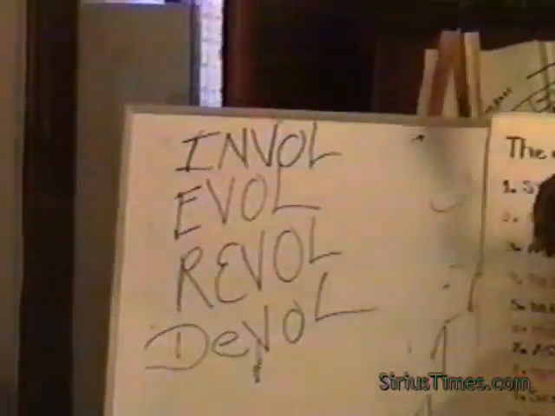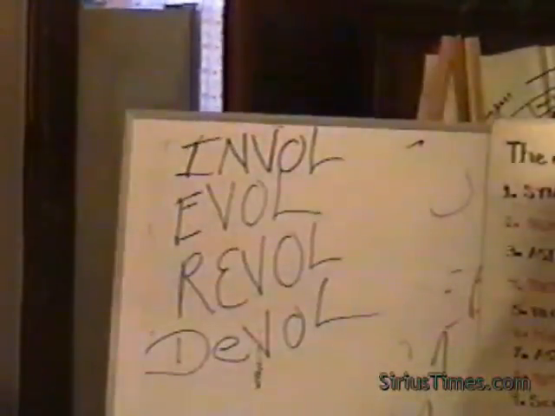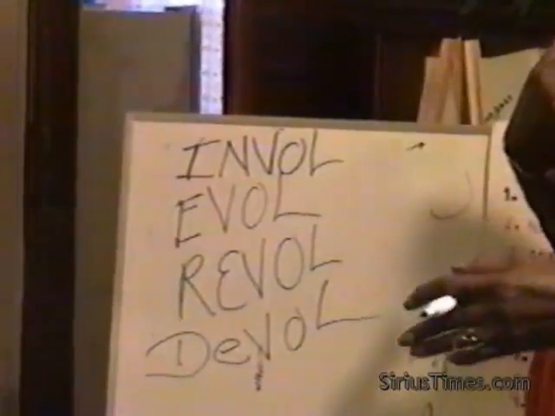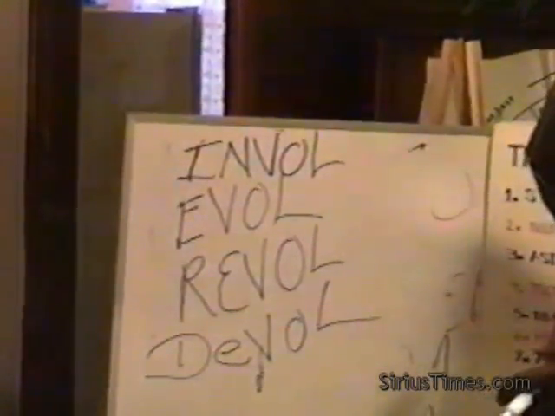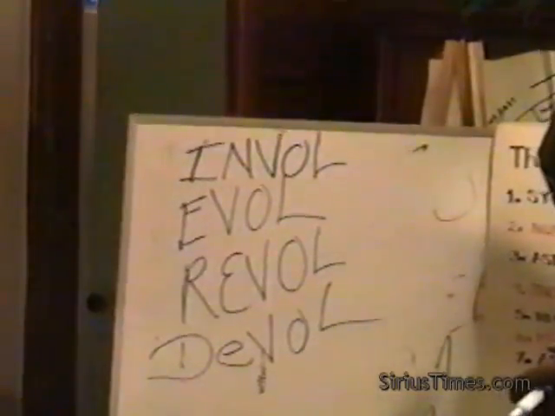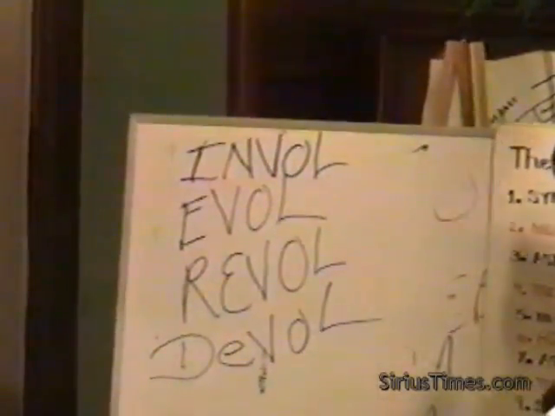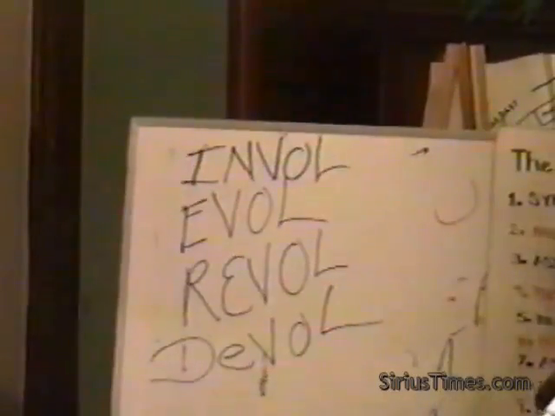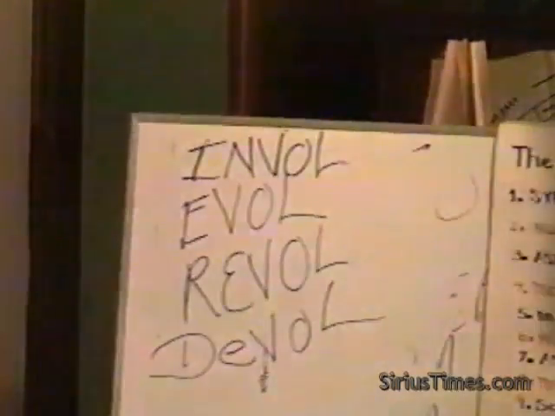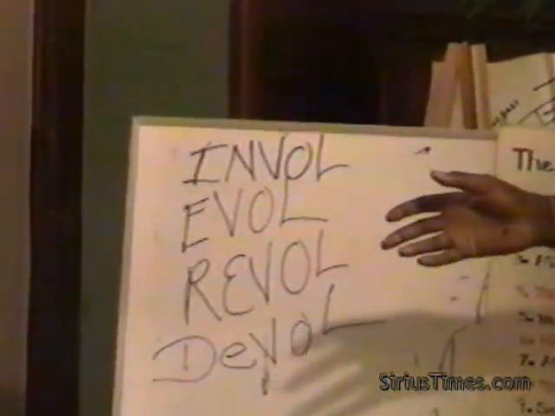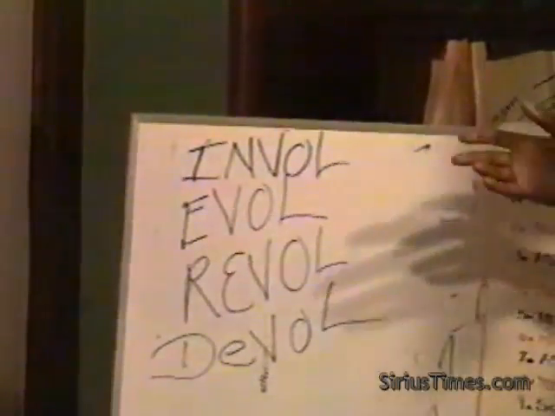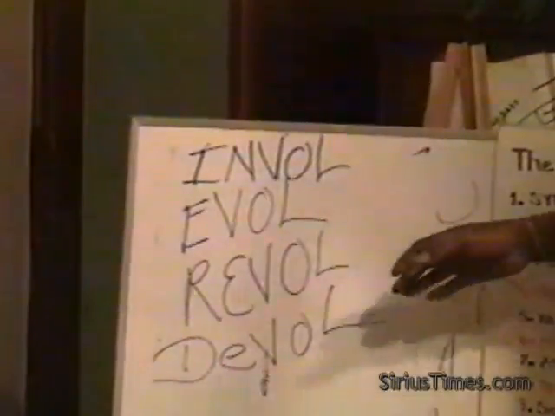Four parts to the law of evolution. If you're going to keep revolving, you're not going to evolve. Revolve is a circle, not a cipher. Look at those words. Those are the first parts of all of those words: involution, evolution, revolution, devolution.